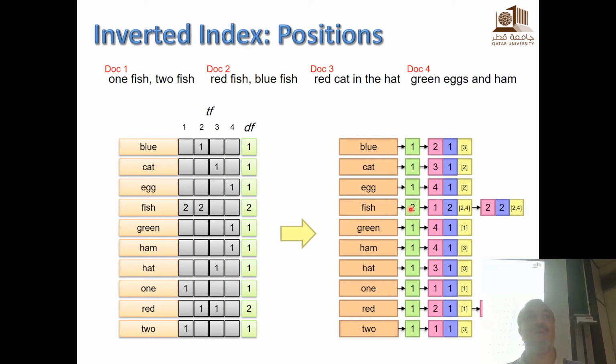So keeping track of the positions is also important in search. As you see, we can add other information also. So far we had the document number, which is the pink here. The blue ones are the term frequency, and the yellow ones are the positions. And the number of positions, of course, is the term frequency.